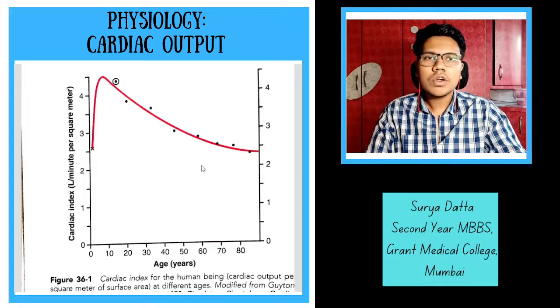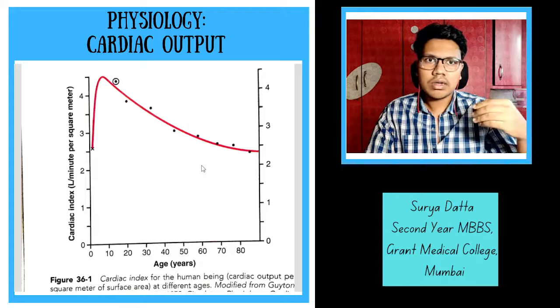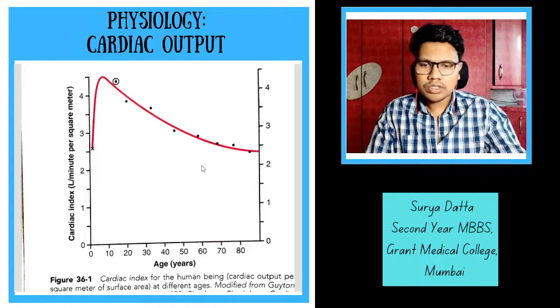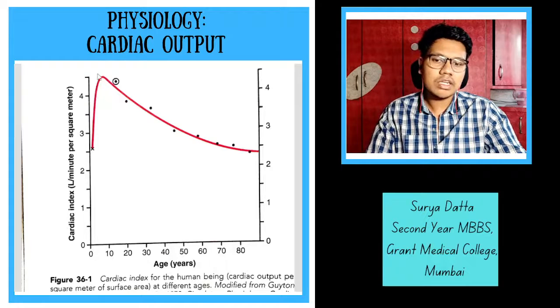Why? Because you have to understand that when a person is growing up, even though here we can kind of say that the surface area is the same, the cardiac output keeps increasing. That's why the cardiac index is going up here. But here, there's a slight change. The rate of increase of cardiac output is less than the increase in surface area.